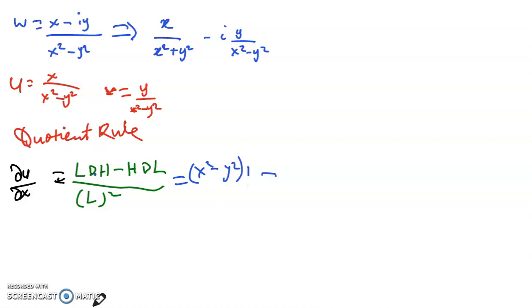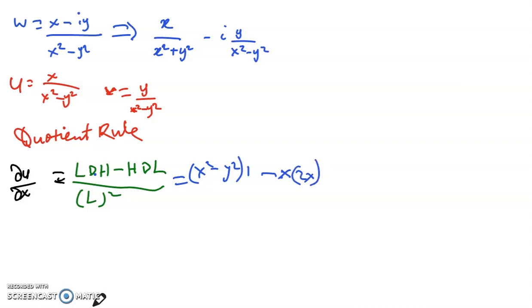Now minus high d low. High is what we have in the numerator, which is simply x. So we have x there, and then we want to find the derivative of what is in the denominator with respect to x. With respect to x, the derivative of x squared minus y squared will simply be 2x.